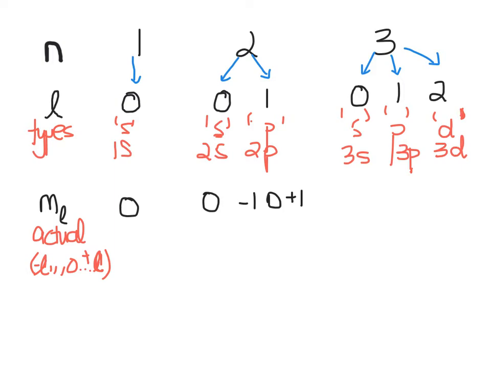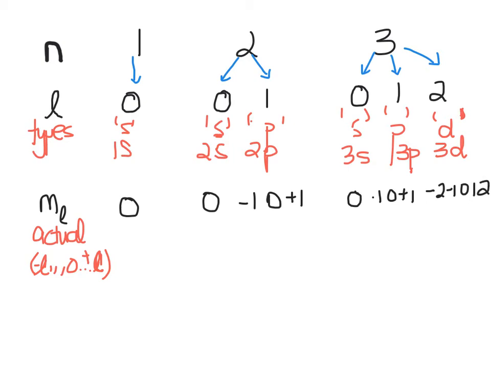Then for the third energy level, if L is 0, we have 0; L is 1, again negative 1, 0, plus 1. And then for the d, we've got negative 2, negative 1, 0, 1, and 2.